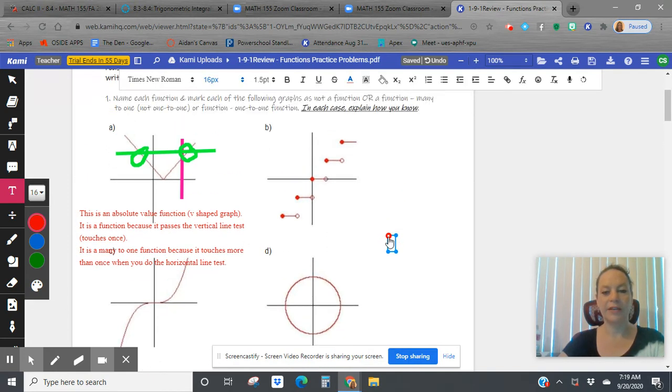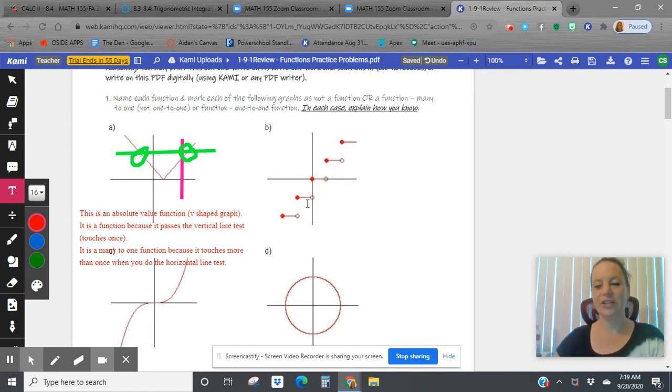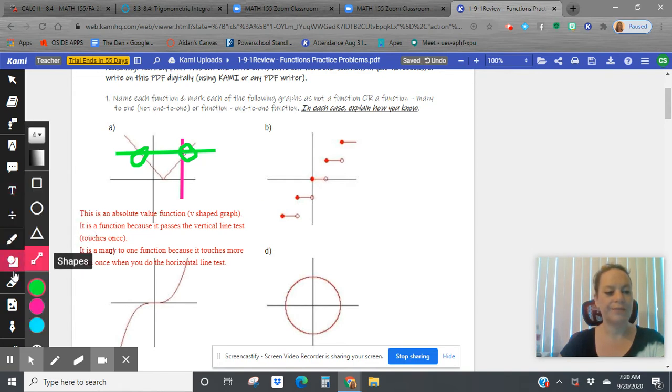All right, let's take a look at this guy over here. This is the greatest integer function, and we do have just starting at the regular origin, so it's just the parent graph of all greatest integer functions. And we're going to perform the vertical line test on this.